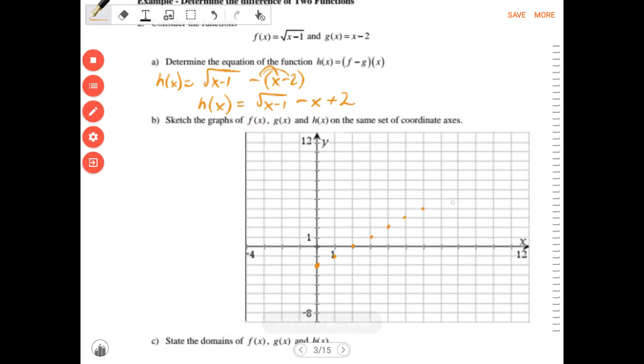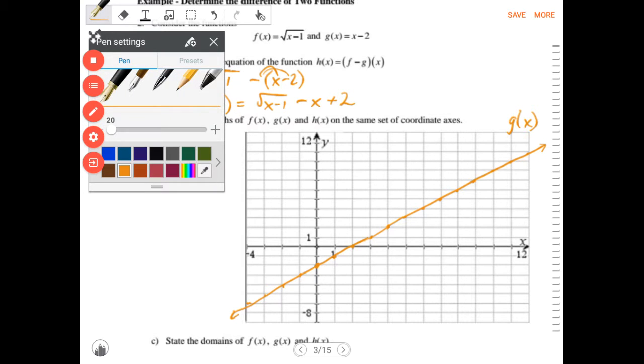So it makes this nice little diagonal line, and that goes down as well. Let's see how steady my hand is. A little wobbly, but not too bad. Okay, that's that one. So that is g of x.